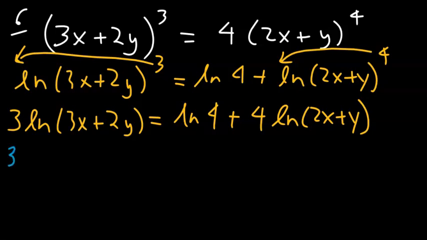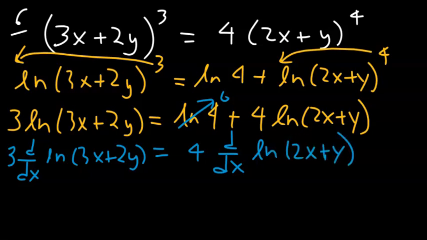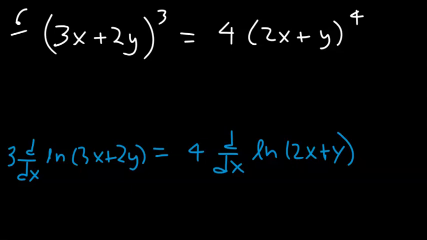So 3 stays. You want to differentiate this function with respect to x, like that. And the right-hand side, this goes to 0 because it's a constant. You have 4 d/dx natural log of (2x plus y). Let's use the function of the function method.